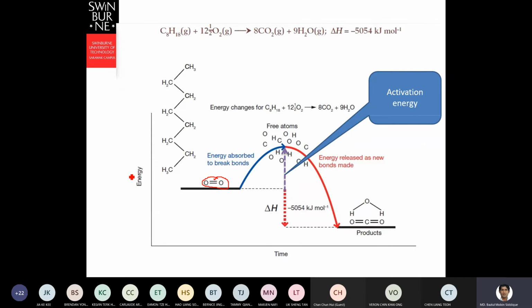And we have the petrol or octane or whatever, let's say it's petrol, octane, and we have petrol plus oxygen here, and there are a lot of petrol and oxygen. Petrol is actually hydrocarbons, so this is the hydrocarbon octane, this is the formula of it, and this is the structure of octane.